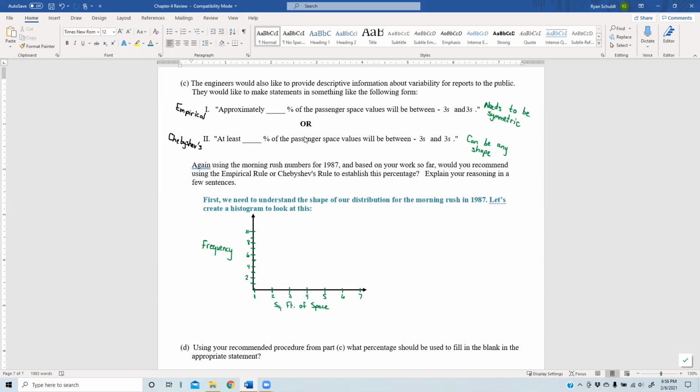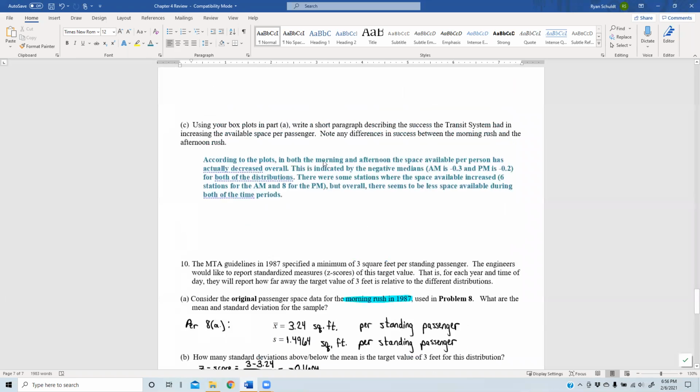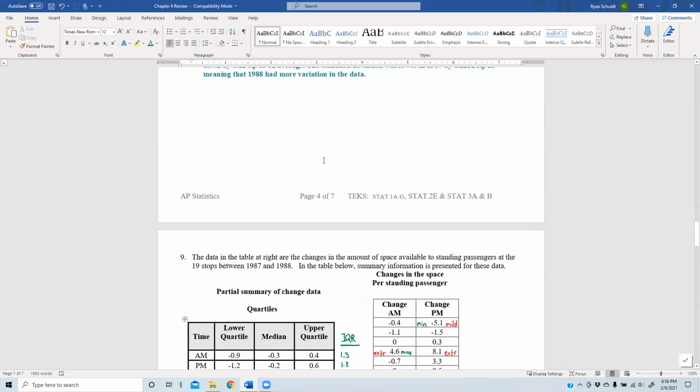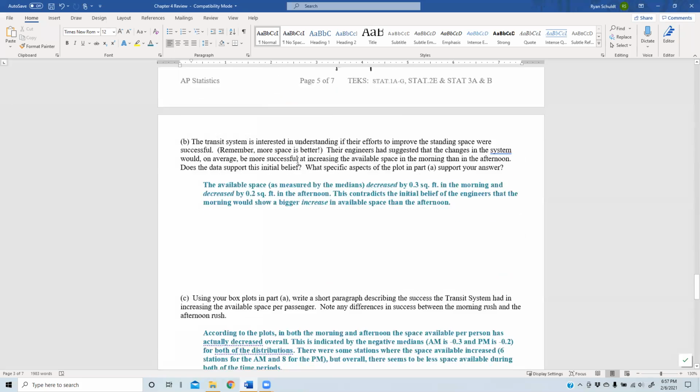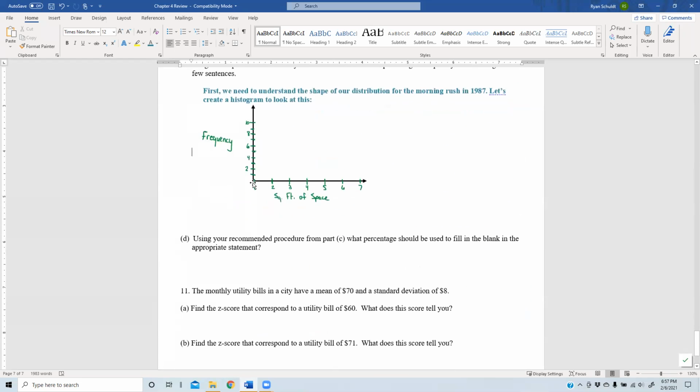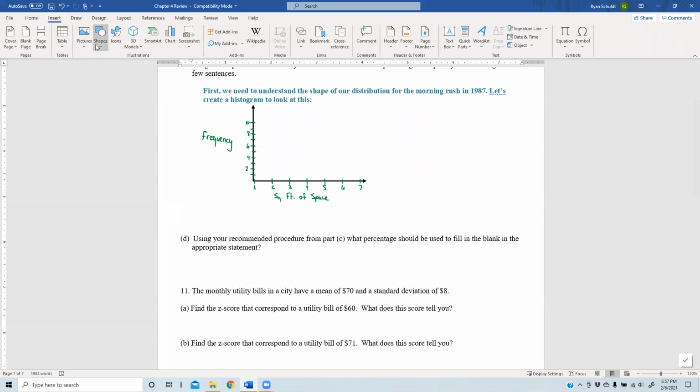Okay, so from 1 to 2, how many observations were there? From 1 to 2. Let's see, 1, 2. So I need to come down here on my histogram and draw a box that only goes up to 2. Insert shape, rectangle.